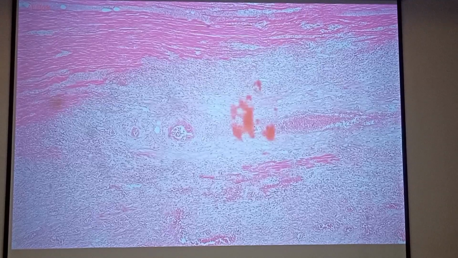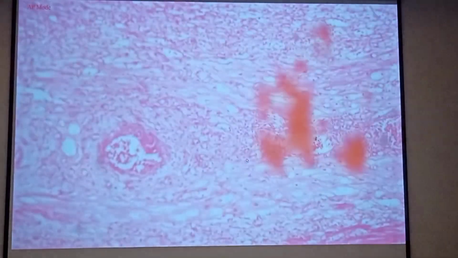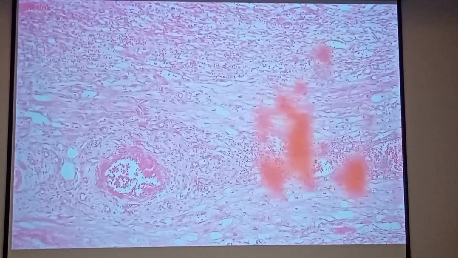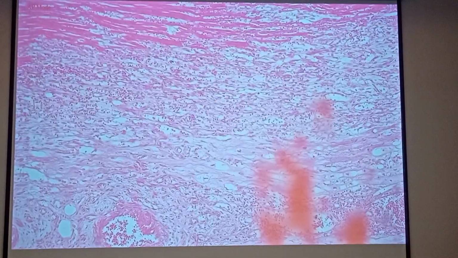But what do you notice here? Let's look at the reaction itself. So here, you can see what? Well, I can see some red blood cells. So there must be some hemorrhage going on in here, right? And then there's, what do you call these tiny blood vessels?